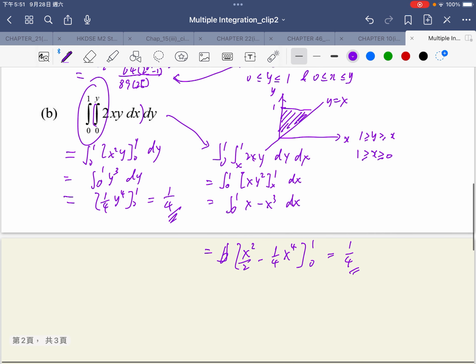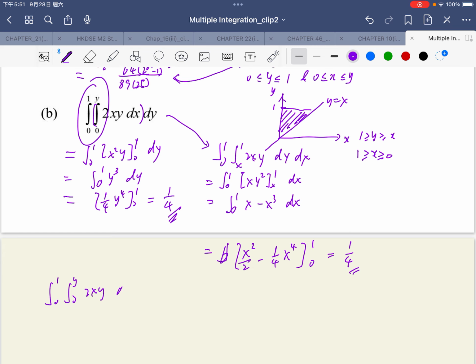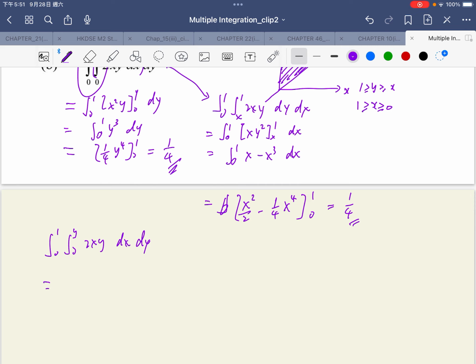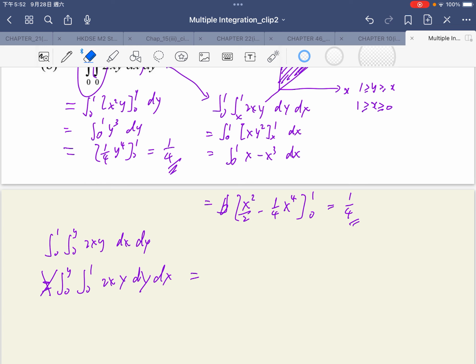Here I made an incorrect calculation. We cannot do that if we change the position directly. This is not true, but here I try to calculate this one.